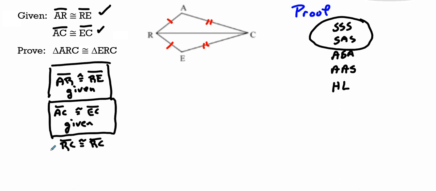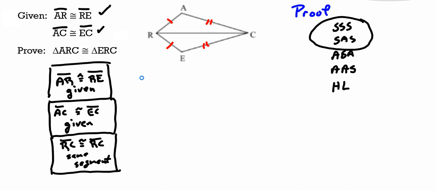RC is a side in both triangles. So we can make that statement. We know that RC is congruent to RC. How come? It's the same segment. In real math terms, that would be called the reflexive property.